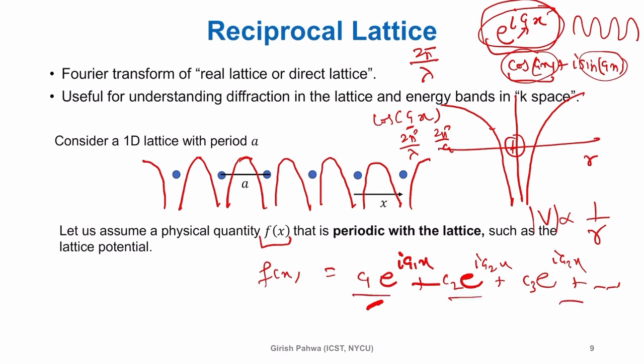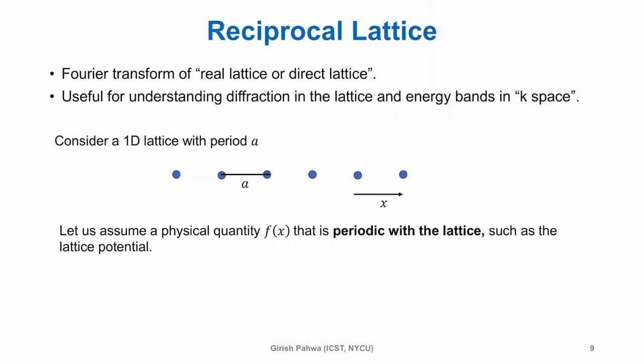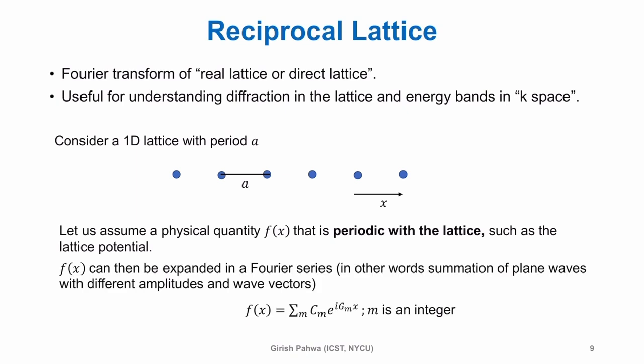Some of them may have small values of c1, c2, c3 or whatever, so then we will say these components are not that important. The idea is that you represent this f of x like this. I can combinedly write that as the summation over m of cm e to the power iota gm x, and m can vary from minus infinity to infinity.